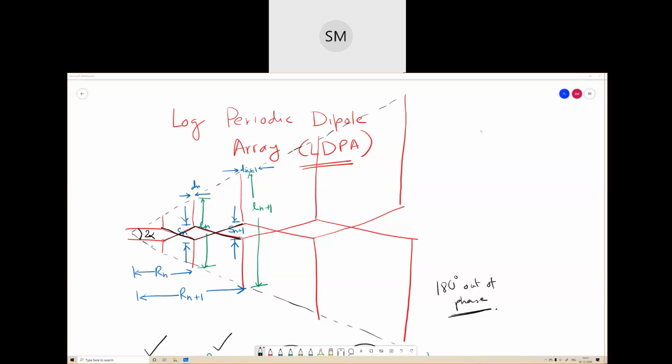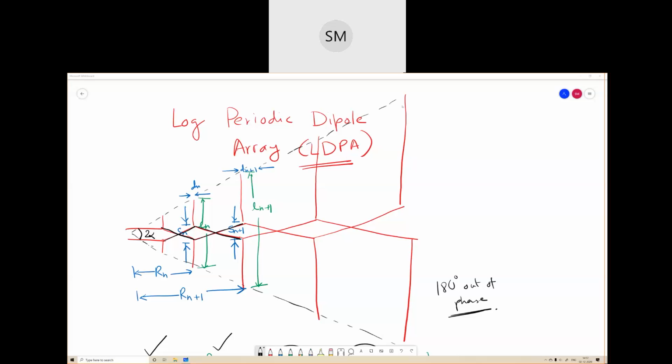See, the lengths of the antenna's subsequent elements are different. This is shorter, this is longer, this is longer, this is longer, this is even longer.